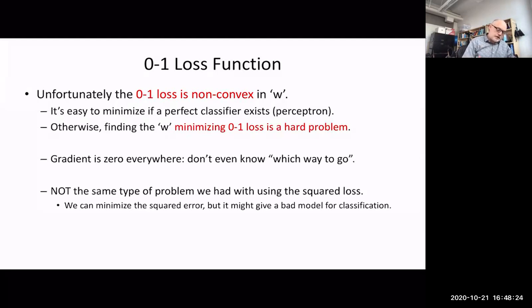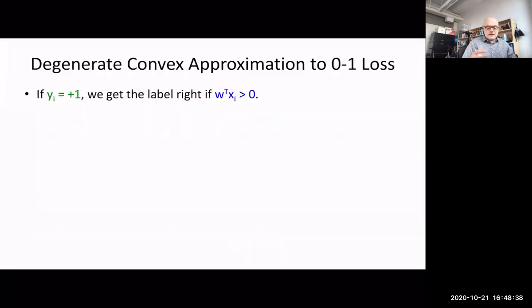We can minimize the squared error, but it might give a bad model for classification. The 0-1 loss we can't minimize, though it would give a great model for classification. And this is our way of motivating convex approximations to the 0-1 loss that give rise to modern linear classification models.